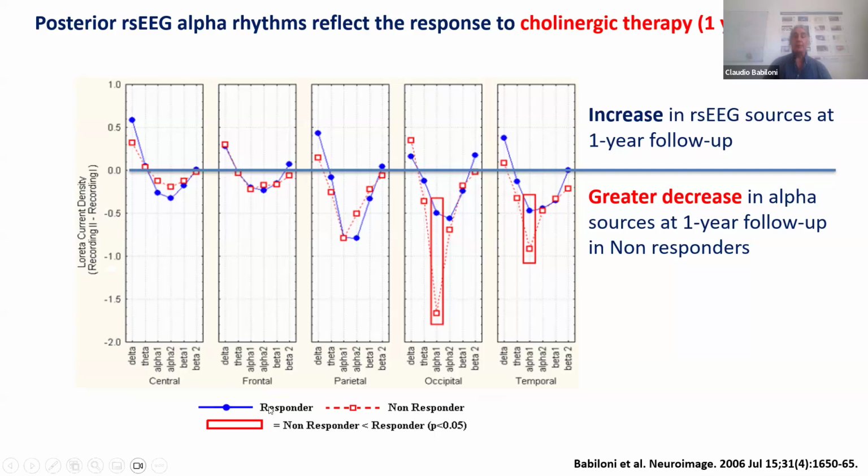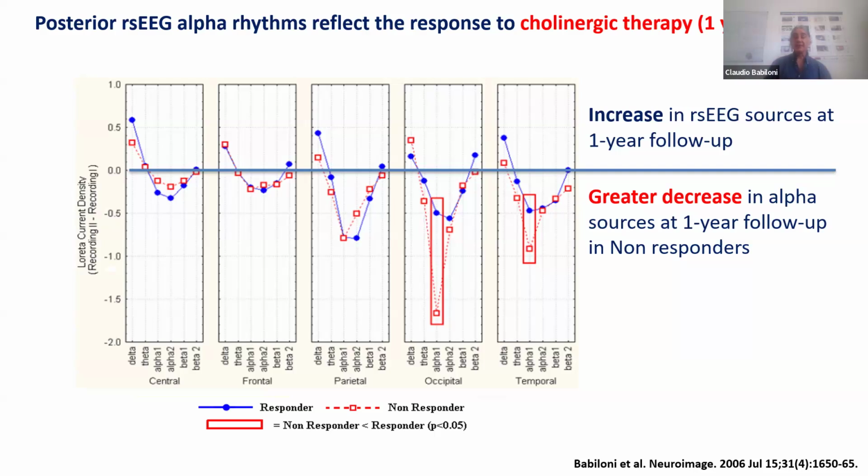The group of people responding to the cholinergic therapy, so they had the same mini-mental state evaluation score after 1 year of treatment, or even a small gain, in blue, show, unfortunately, a reduction of alpha RMS after 1 year, even with a stable cognitive status.